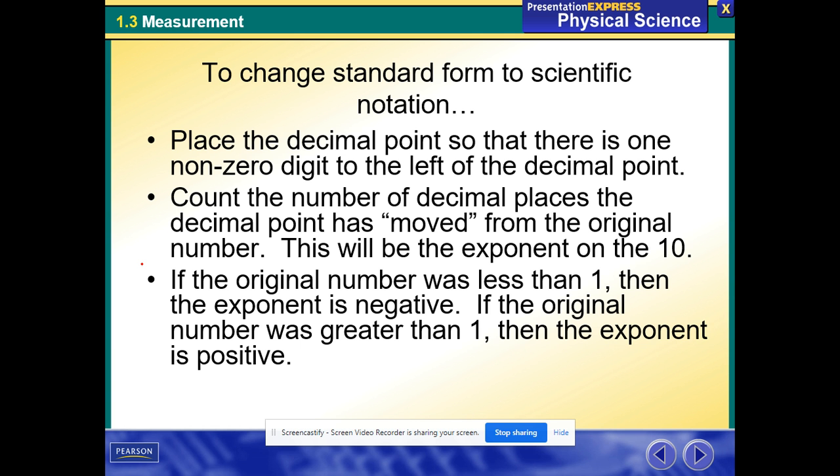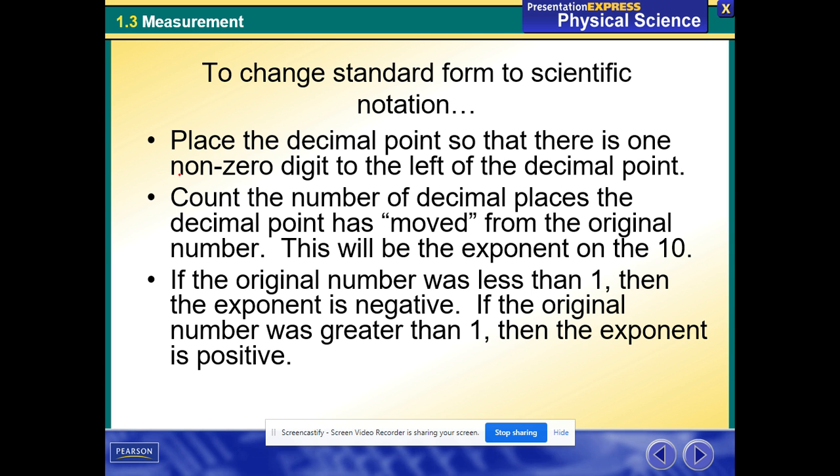So this part is not written in your guided notes. This is a part that I added that helped simplify things. So if you want to take out a piece of paper and write this down, this is a very good thing to keep handy. I'm going to break down how to change standard form into scientific notation. So what you're going to do is place the decimal point so there is one non-zero digit to the left of it.